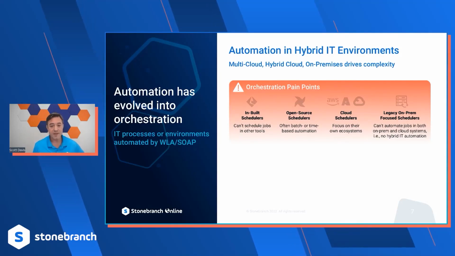So you get this vendor lock-in that you need to try to avoid. And then finally, there's a lot of businesses out there that have what would traditionally be called workload automation solutions. And these tools are very focused on-prem. They can't really reach the cloud. And so you become stuck with your mainframe and your distributed servers and applications being automated by one tool and then something else automating all these other tools. So that's not ideal, obviously.